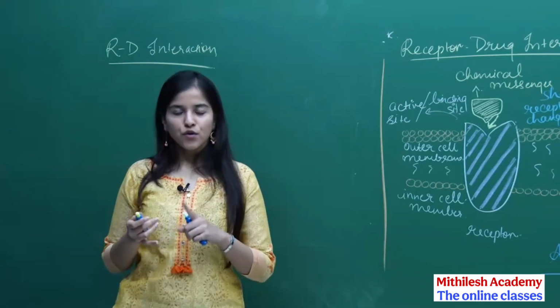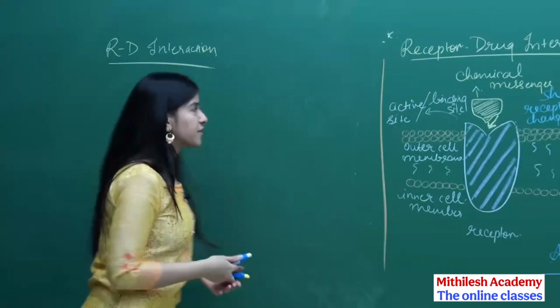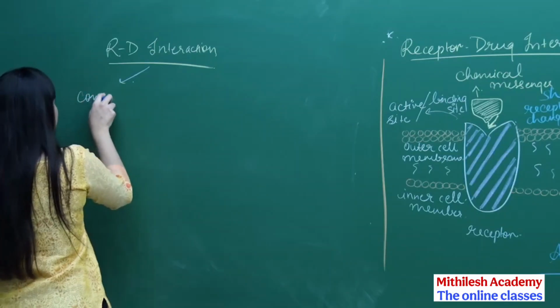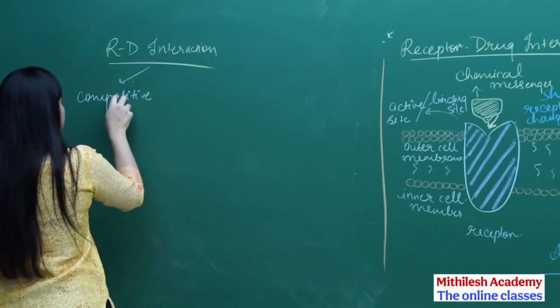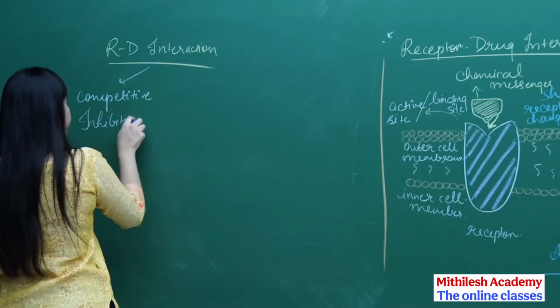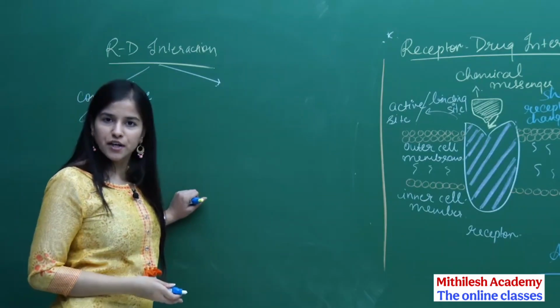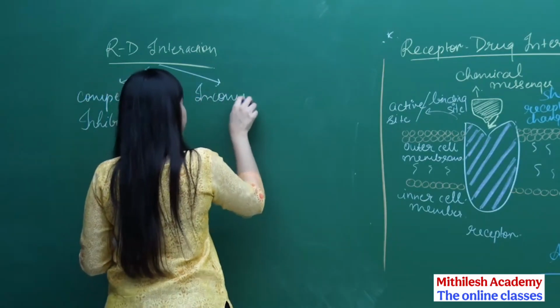That is the first thing that it can do, acting as a competitive inhibitor. So here as well it would be acting as a competitive inhibitor, as well as again an uncompetitive inhibitor.